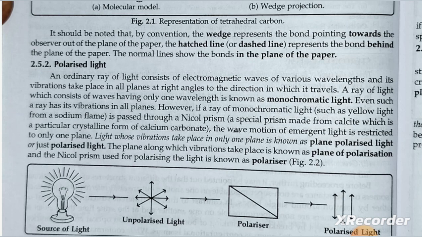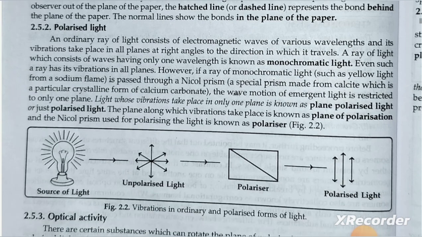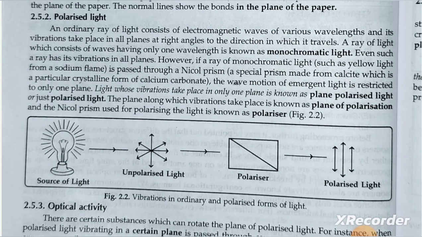The plane along which vibrations take place is known as the plane of polarization, and the Nicol prism used for polarizing the light is known as the polarizer. Source of light is a bulb, then unpolarized light, then place a polarizer, and then we get polarized light.